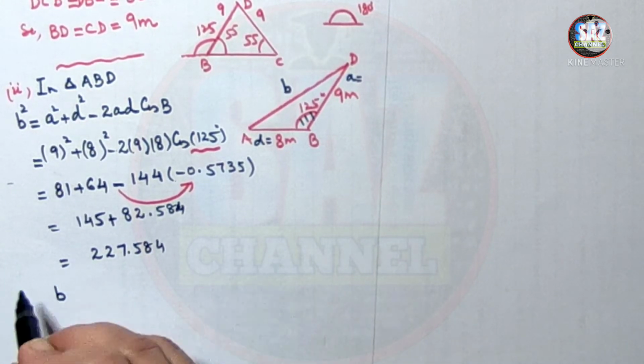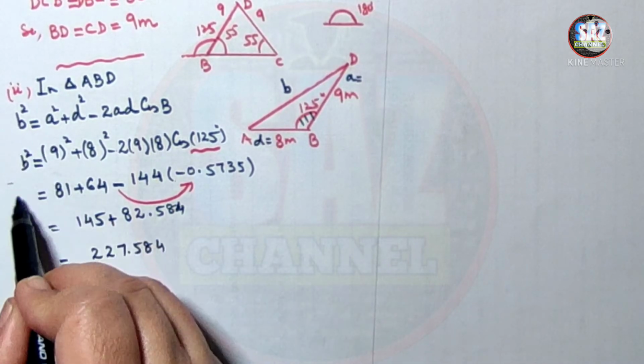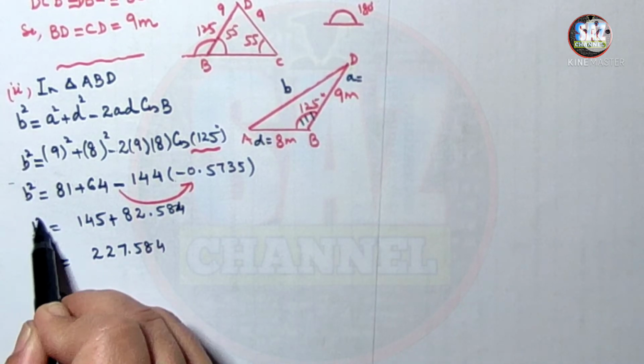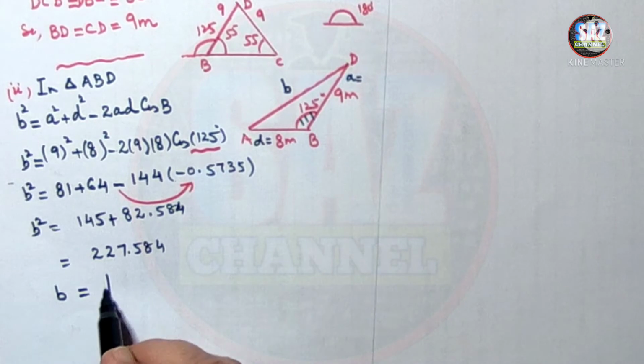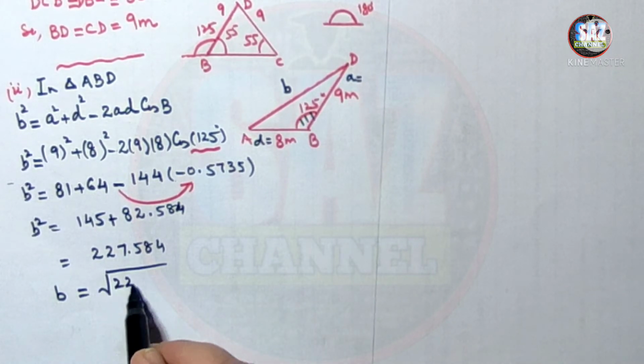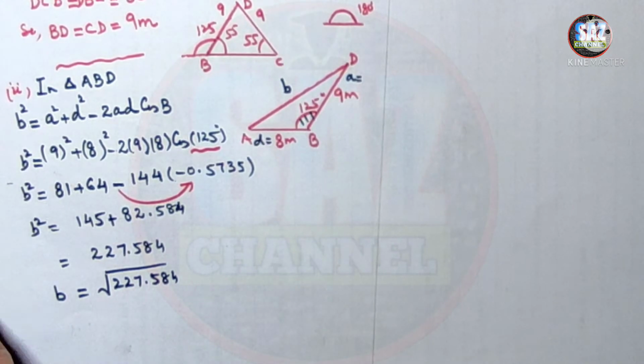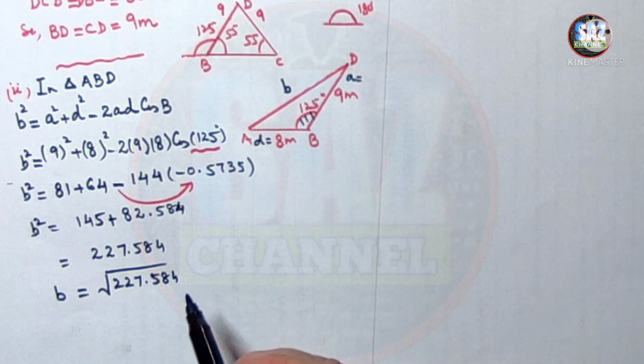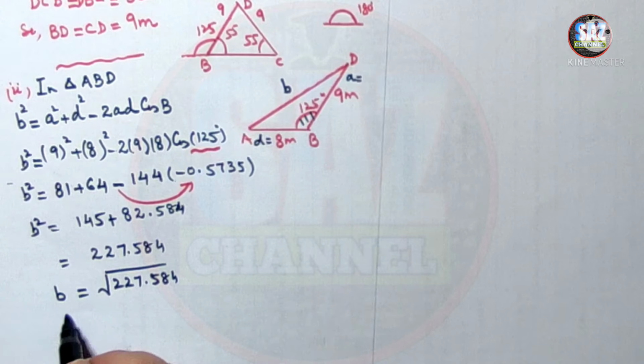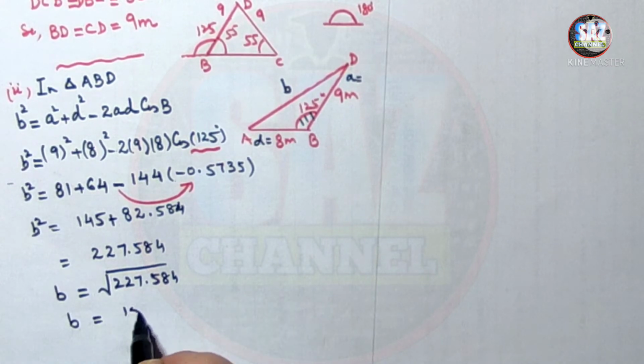So b square equals 227.584, or b equals square root of 227.584. I have to take the square root of this, and that gives me 15.08.